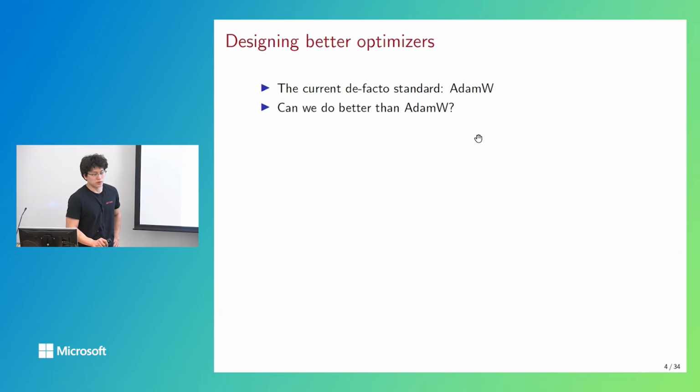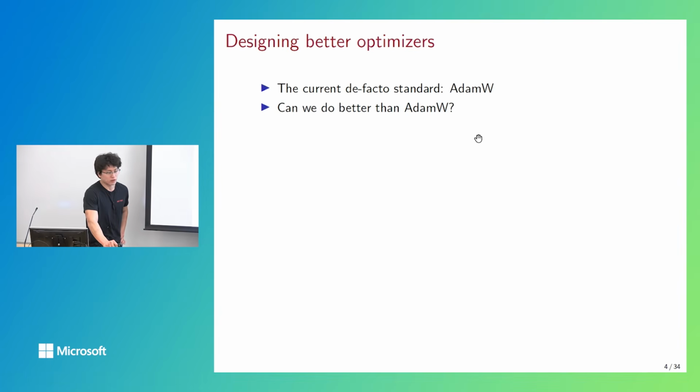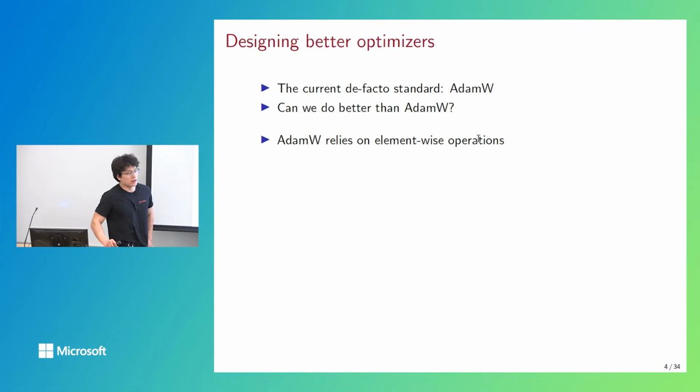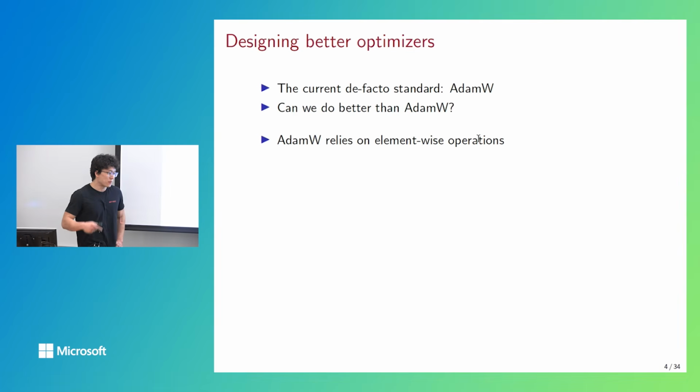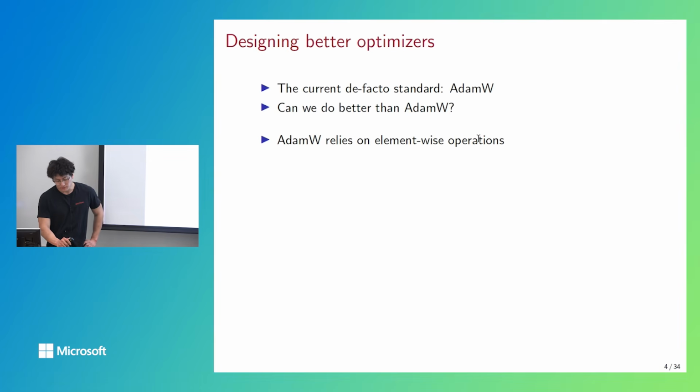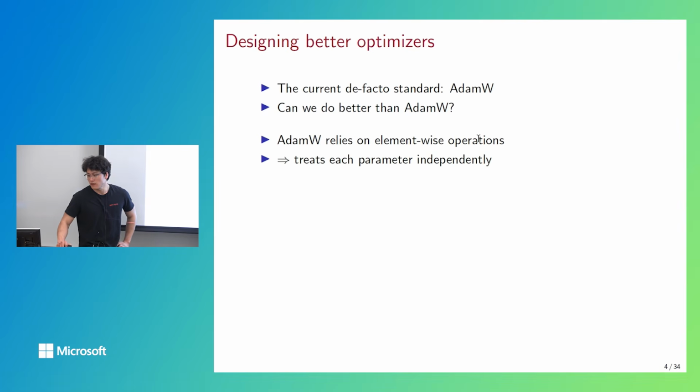So given that it's so dominant in AI model training, the question here is, can we actually do better than AdamW? So let's look at what Adam does. At a high level, AdamW algorithm computes the weight update based on the gradients element-wise. So it's element-wise operations, which makes it very efficient for distributed training.